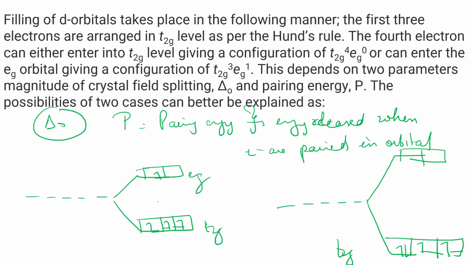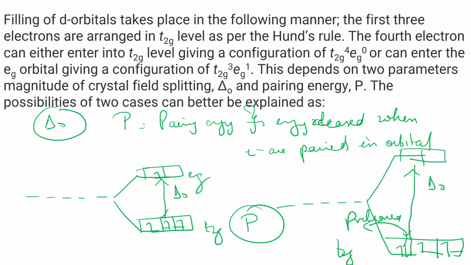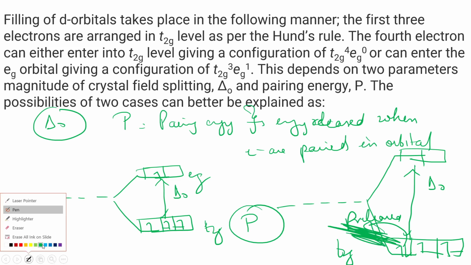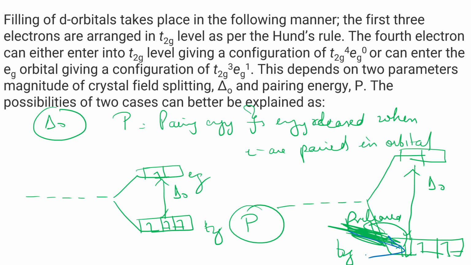So what does this depend upon? One factor is delta O, the splitting. The other factor is the pairing energy, which is the energy released. Here the pairing energy is released as electrons are paired in this orbital. Filling of the d orbitals takes place in the following manner.